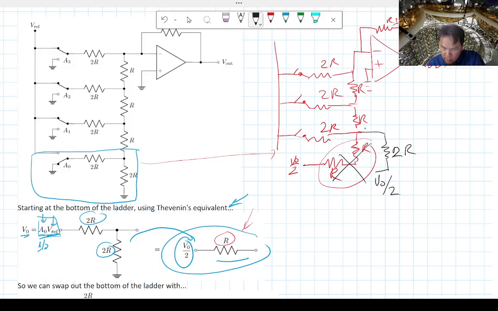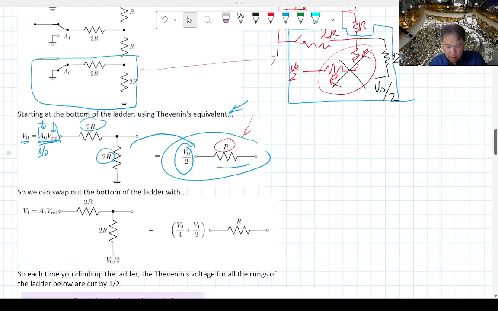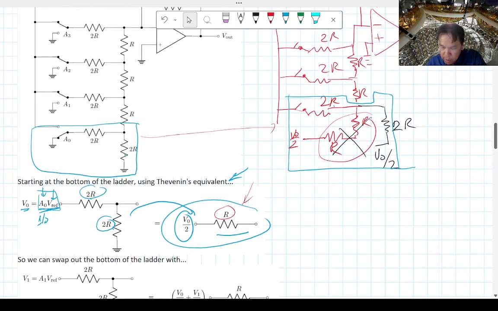Okay, and now we have another rung of the ladder. I'm trying to exclude this resistor here. So this is once again 2R, 2R as a voltage divider. And what this is going to do, so we have V1, V2, V3 here.